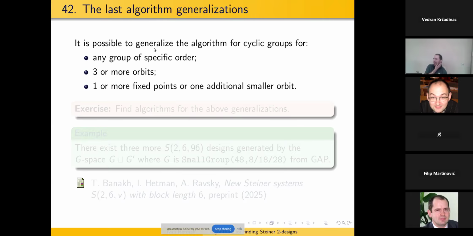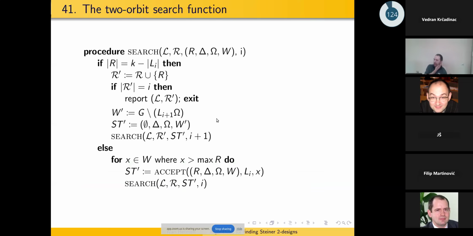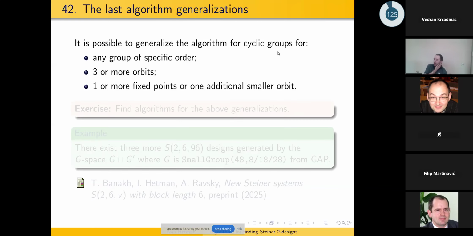It is possible to generalize the algorithm for cyclic groups described above. It is actually about generic groups, but for cyclic groups the initialization is simple, while for common groups initialization is more complex. This is the reason you need to invent initialization for any group of specific order. You can also generalize this algorithm for 3 or more orbits of the same size, and you can also allow 1 or more fixed points or 1 additional small orbit.